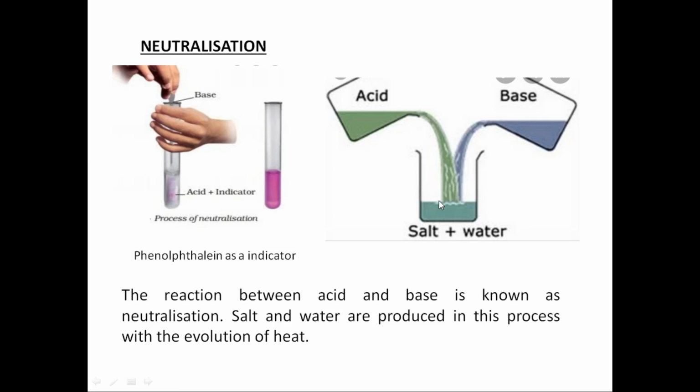Neutral substances have neither acidic properties nor basic properties. That's why they are known as neutral substances. These neutral substances do not change the color of either red litmus paper or blue litmus paper. So they do not react with any indicators. So salt is one of the neutral substances, and it is produced by the neutralization process, by mixing of acid and base.